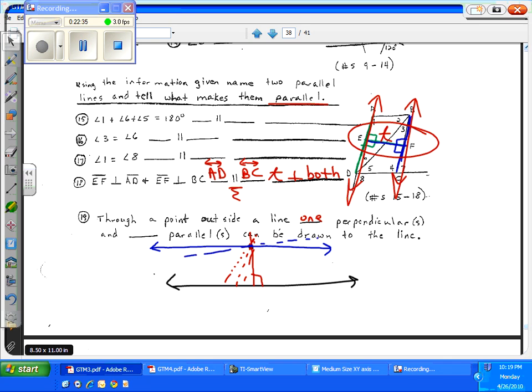If you tried to make another one, it wouldn't be parallel, you see. Through a point outside a line, exactly one perpendicular and one parallel can be drawn to the line. Given a line and a point not on that line, exactly one perpendicular and one parallel can be drawn to the line.